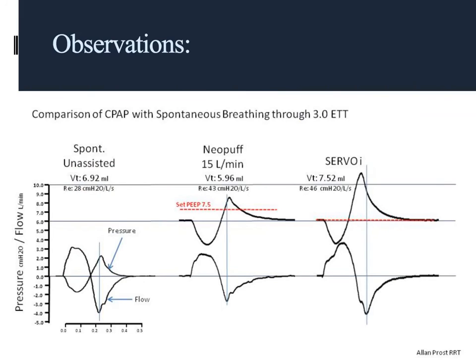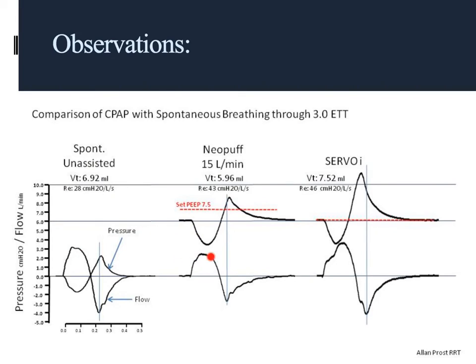All right. So now let's compare the NeoPuff at 15 liters per minute, and we see, okay, I've got that induced work of breathing through the 3.0 endotracheal tube. But what's surprising is it's not that much more induced work of spontaneously breathing compared to even just with the tracheal model. It seems like a large part of this work of breathing is induced by the NeoPuff itself rather than the endotracheal tube, because this waveform looks very similar as when compared to the unintubated or the tracheal model.